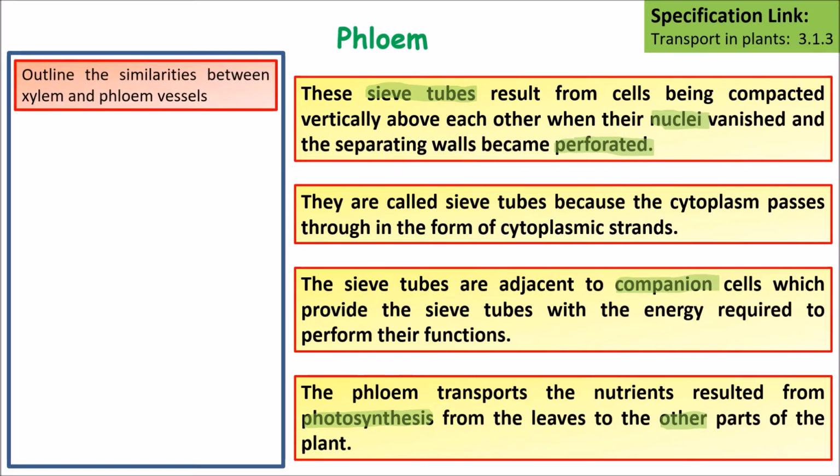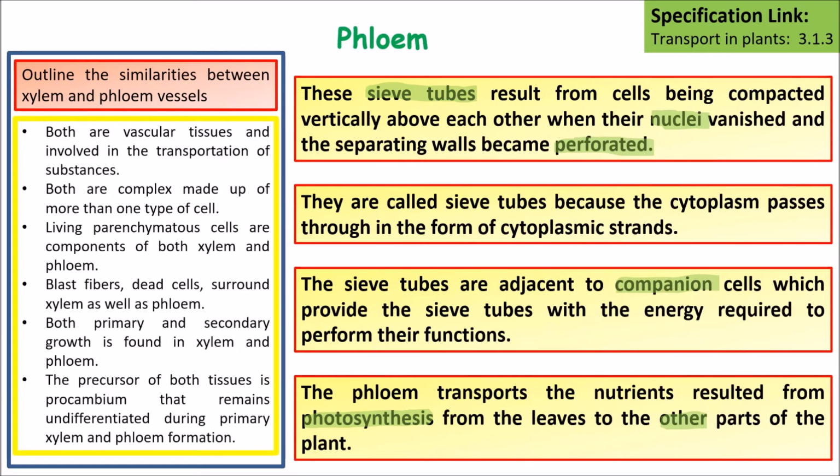If we're looking at outlining the similarities between xylem and phloem vessels, some of the key things I'd say: both are forms of vascular tissue involved in the transportation of substances. Both are made up of more than one type of cell.